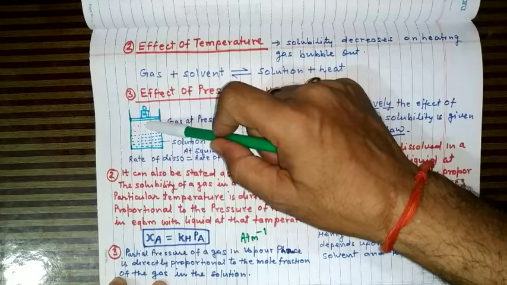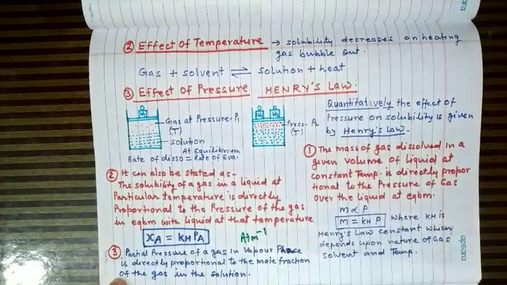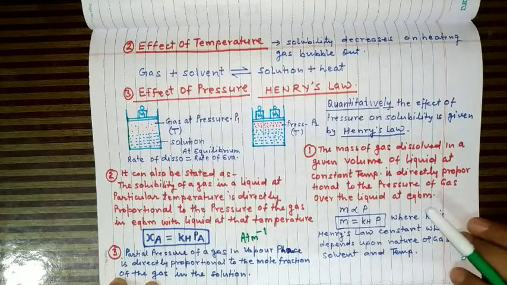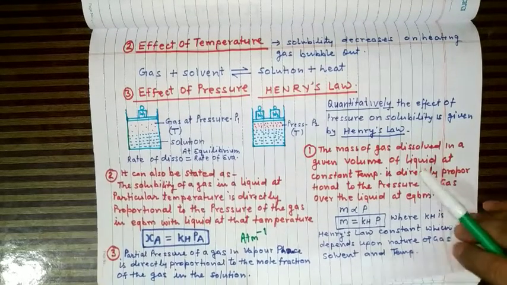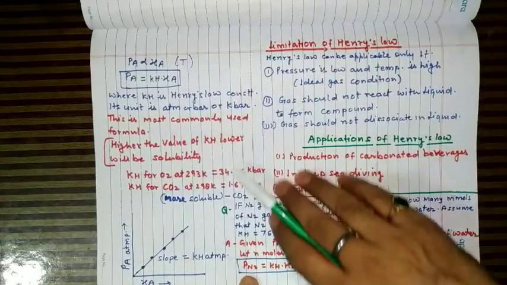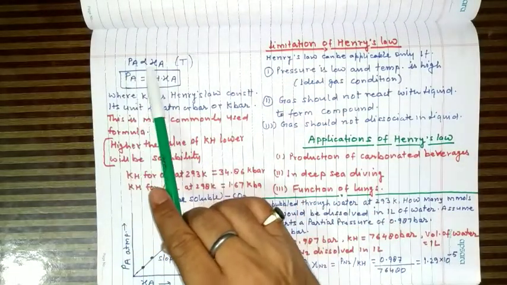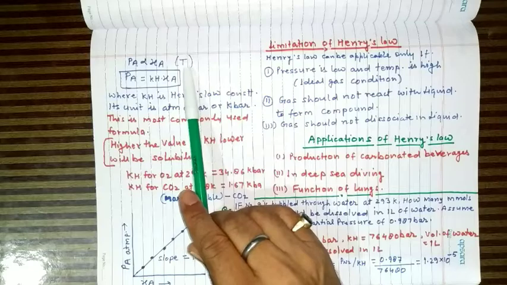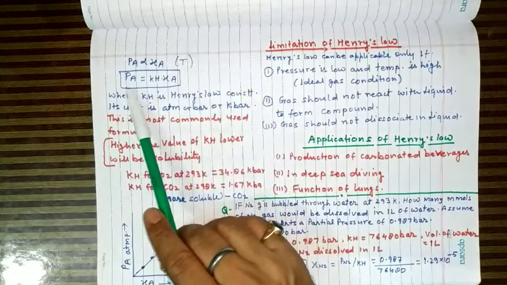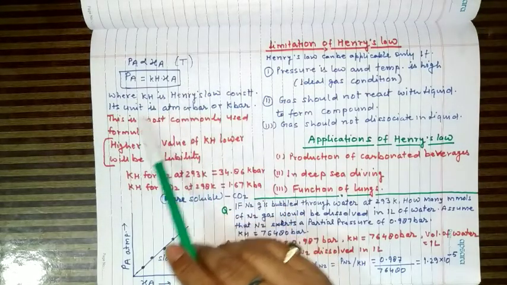So the greater the partial pressure, the greater the solubility. So the partial pressure of a gas in vapor phase is directly proportional to the mole fraction of the gas in the solution at a particular temperature. This can be expressed as: PA is directly proportional to XA at constant temperature. So PA will be equal to KH into XA.